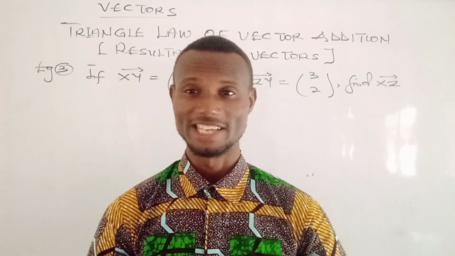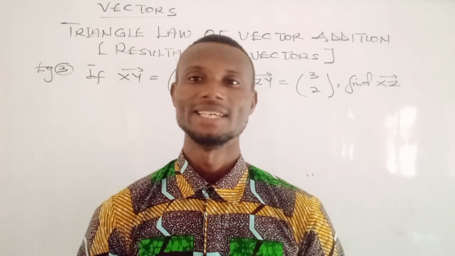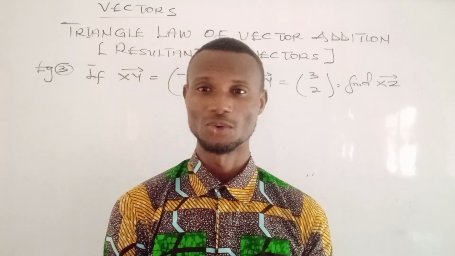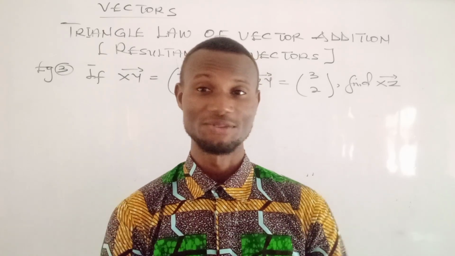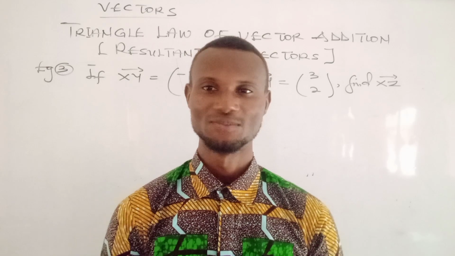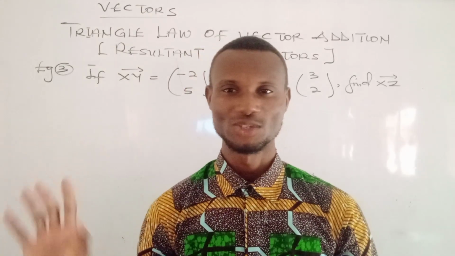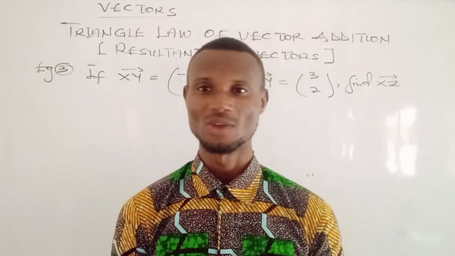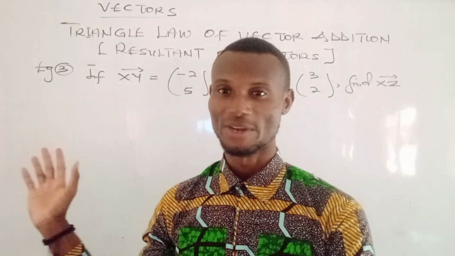I've done all those explanations in detail in the previous video. So just do well to watch the previous video so that you can get a good foundation and understanding to be able to handle this one also, because you are going to apply that knowledge to solve the question.